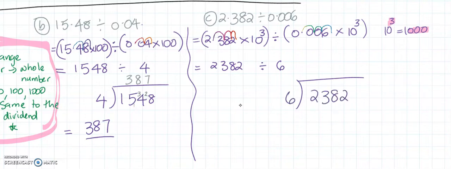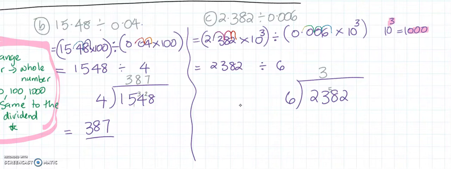2,382 divided by 6. 6 into 2 cannot go. 6 into 23. 4 times 6 becomes 24, which is 1 more than 23, so I have to go 1 less than 4, which is 3. 3 times 6 is 18, with a remainder of 5. That goes right next to the 8 to make it 58.